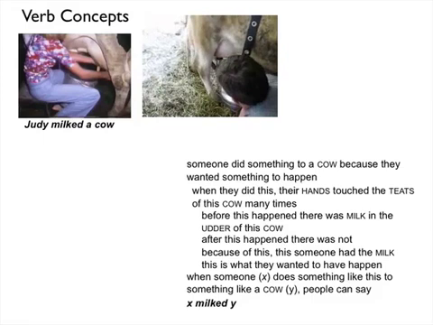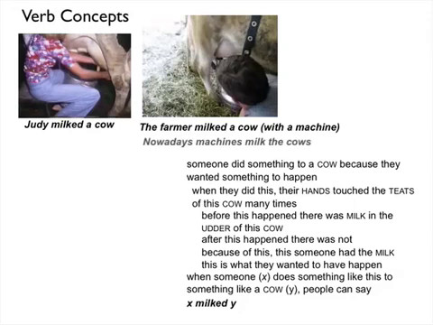So here, it's not exactly the same in that if you're using a milking machine, then you're not using your hands anymore, right? But the milking machine is doing the same work that your hands would have done. So that's close enough. Why would we make up a new verb just because they invented machines to do the same work? And so you don't. So you could say, the farmer milked a cow with a machine.